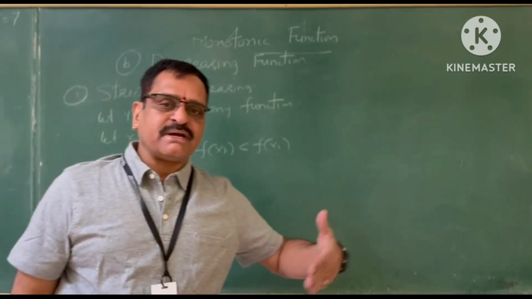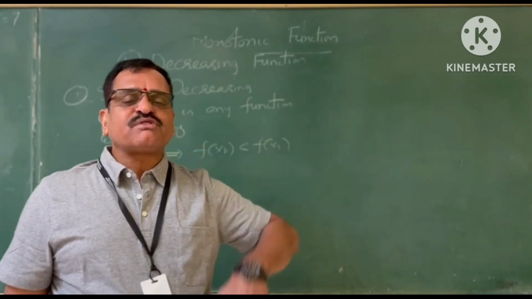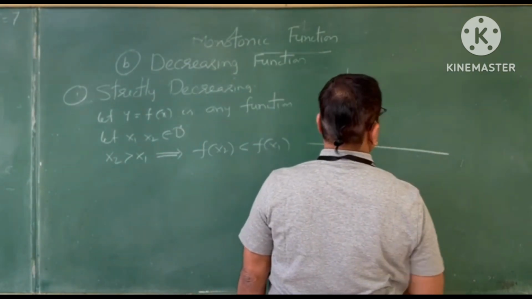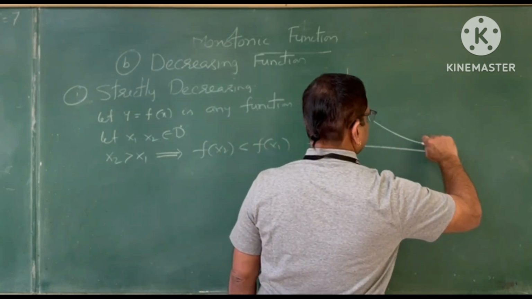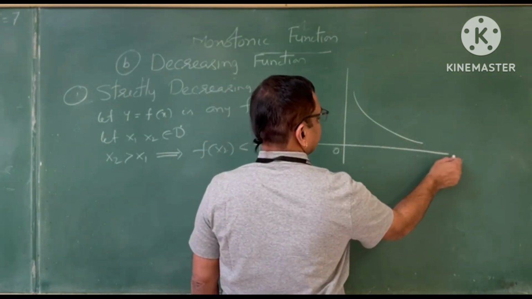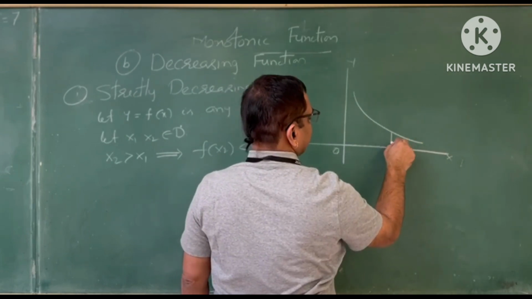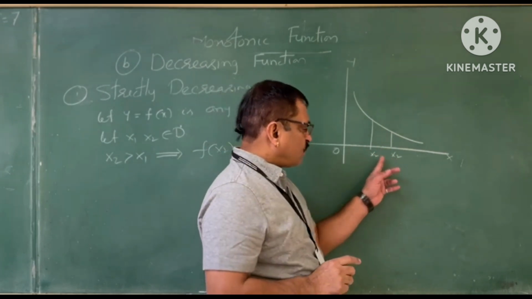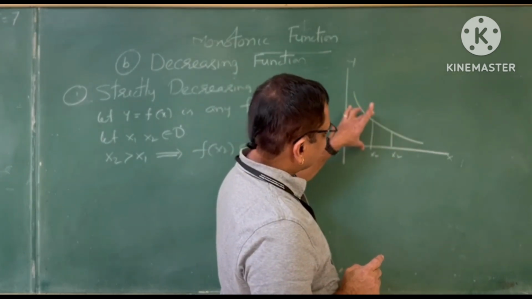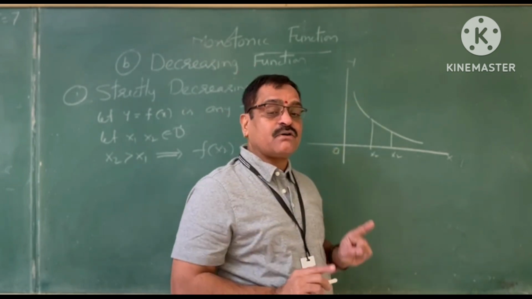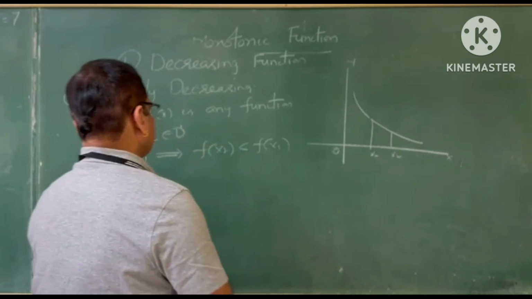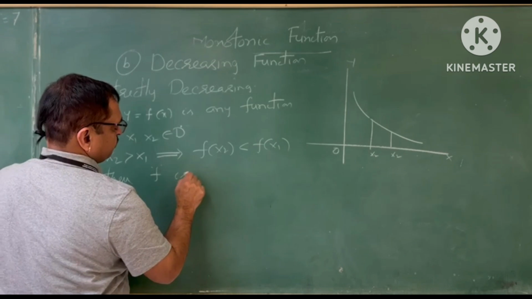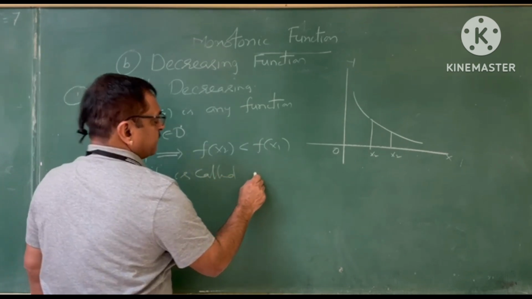Here the x values are increasing, whereas my outputs will be in decreasing mode. So how does the graph look? It looks like this. So it decreases along the x-axis. Let this be x2 and this be x1. My x2 is more than x1, but my f of x2 is less than f of x1 strictly. Then this function is called a strictly decreasing function.